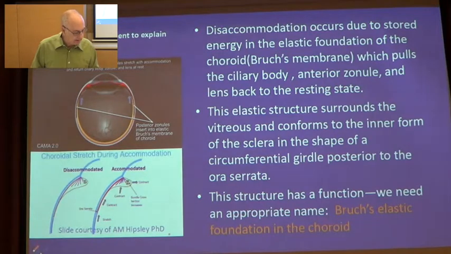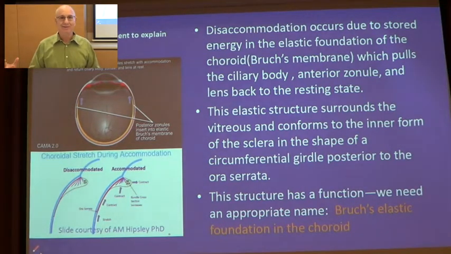Thus, the accommodative system functions with one muscle providing tension and release to two opposing elastic structures. During disaccommodation, the elastic tension in the choroid pulls the posterior zonule and the ciliary muscle back to the resting position. And since this physiology is so unique, the mechanism of accommodation was elusive for over 200 years.